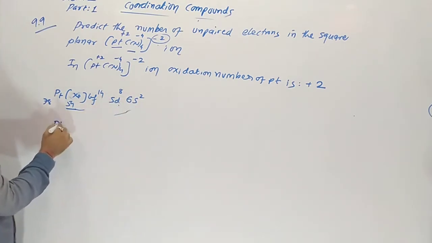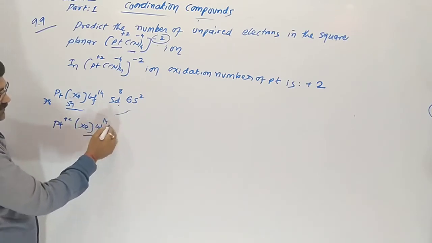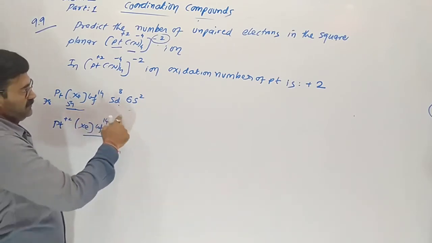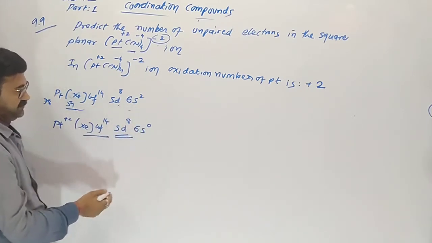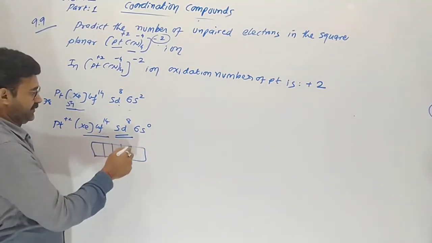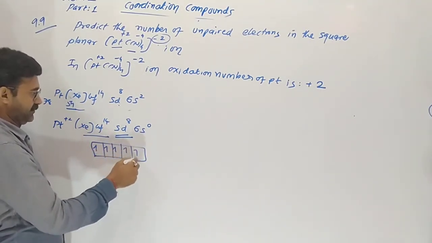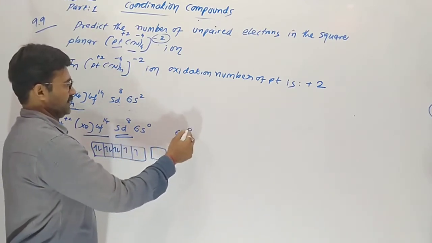In the case of platinum +2, 4f is inner, 6s must be removed, so 5d8. There are 8 electrons in the d orbital: 1, 2, 3, 4, 5, 6, 7, 8. 6s and 6p are vacant.